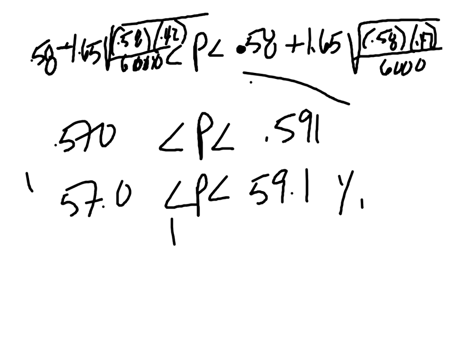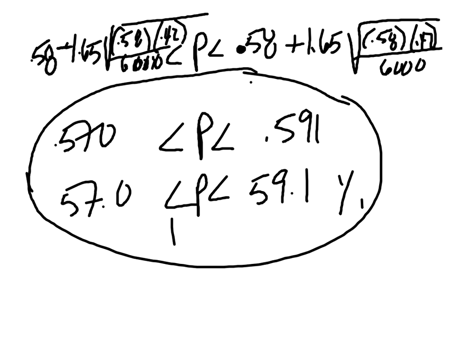Okay, well, to interpret this, they say, hence, we can say with 90% confidence that the true percentage of people who would take a ride in the self-driving car is between 57% and 59%.